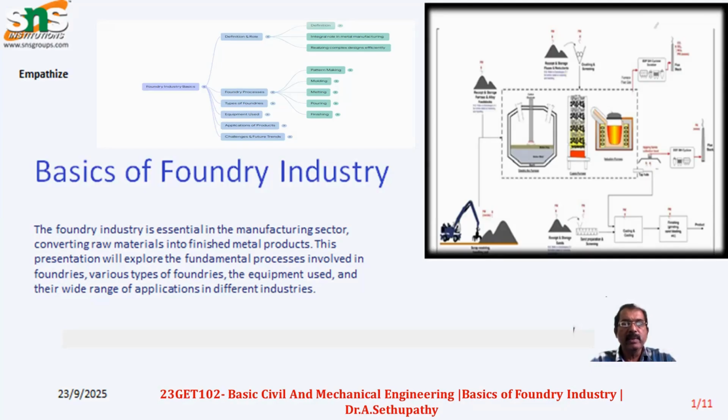A pattern is a masterpiece of the product which we need to make. We first design a pattern and make it with a material like aluminum, wood, or rubber. These are all pattern materials. The pattern means a masterpiece of the part which we are going to manufacture.